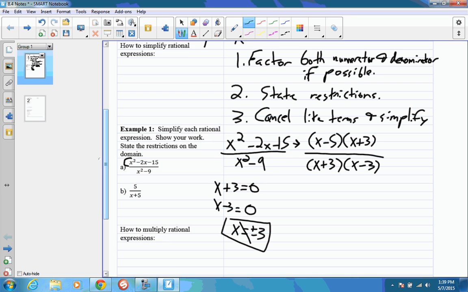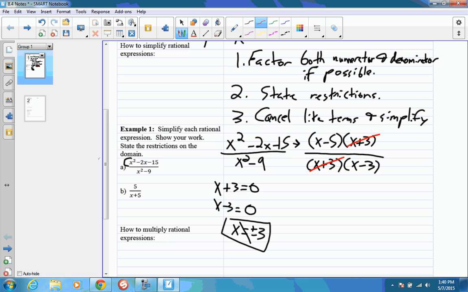So what's my last bit? Cancel like terms. What do you see that's going to cancel here? The x plus 3, right? Don't I have an x plus 3 in top and bottom? Very important that you state restrictions before you cancel.